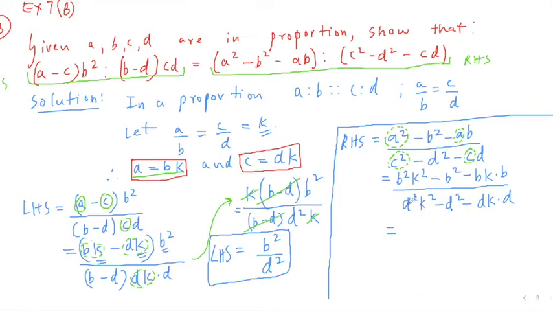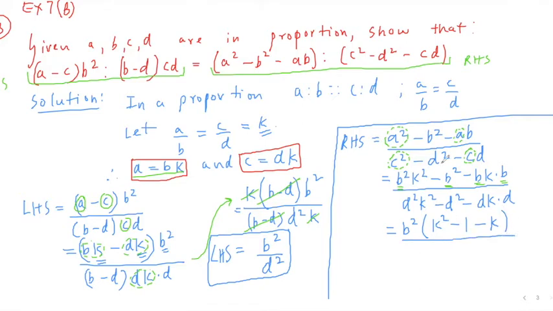Okay. So now I'll factorize out b squared from each term. As you can see, there's a b squared in each of these terms. This is b into b, which is pretty much b squared. So I'll take the b squared out. B squared into k squared minus 1 minus k. Is that fine?